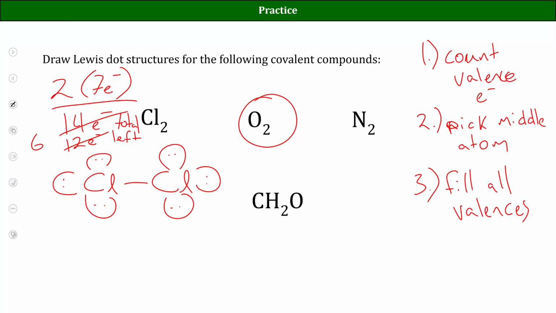If we had some really unstable state where we had chlorine in its atomic state with 7 valence electrons, not forming a Cl2 molecule, we would specify that's atomic chlorine. If we just say chlorine, it means Cl2. If we just say bromine, it means Br2. If we say atomic bromine, that would mean a single atom.